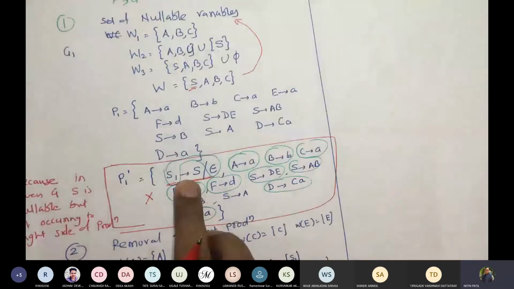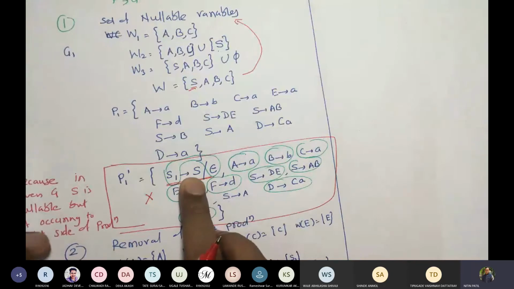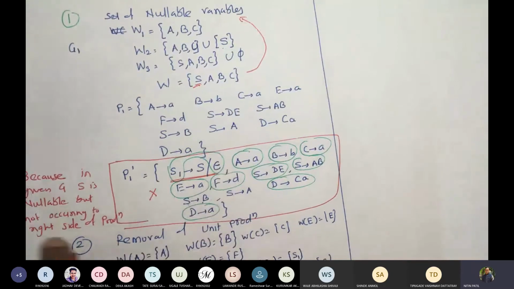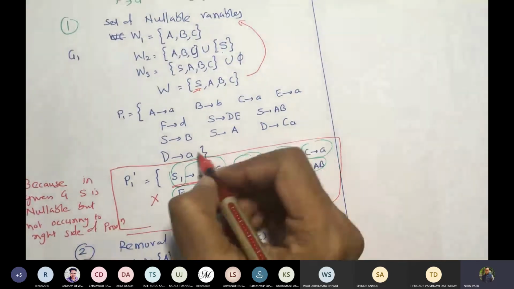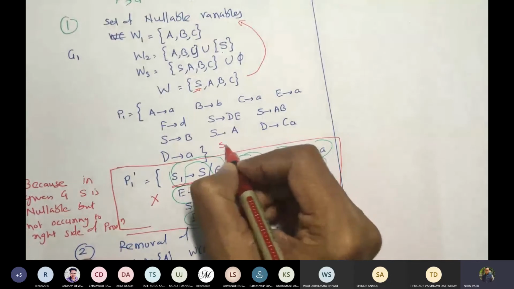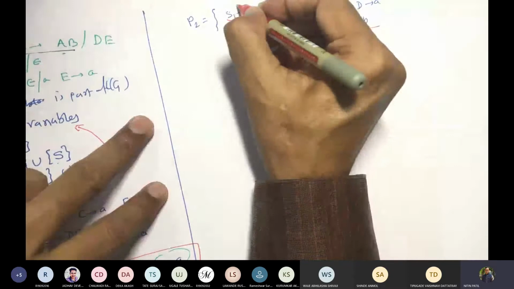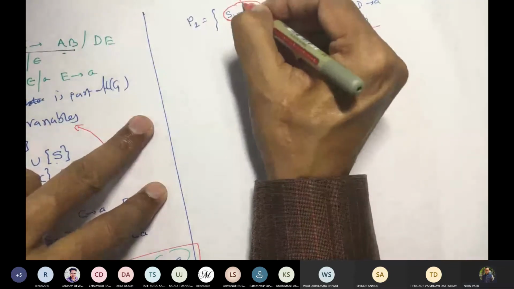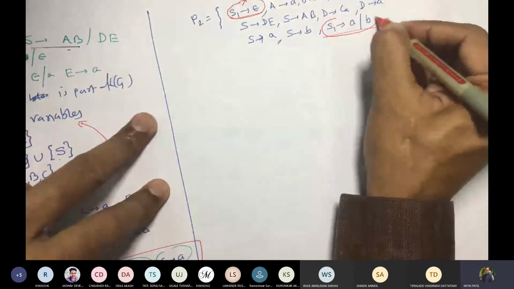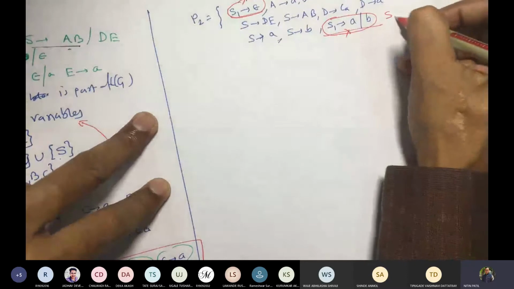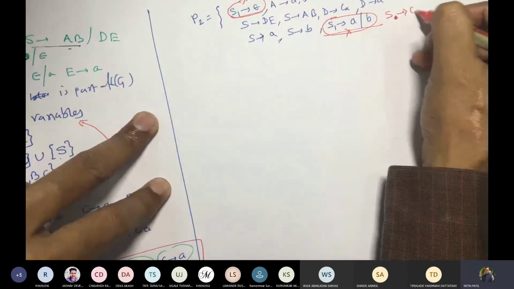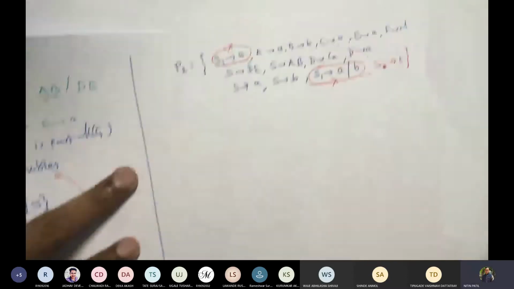So this S1 gives epsilon or S1 gives S is to be added only when this works. Otherwise, in your grammar, you are going to keep S gives epsilon. And because of this, we will remove this from here and we will keep S gives epsilon as a part of the language.